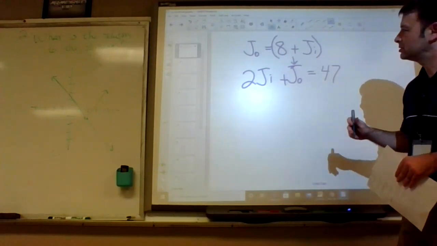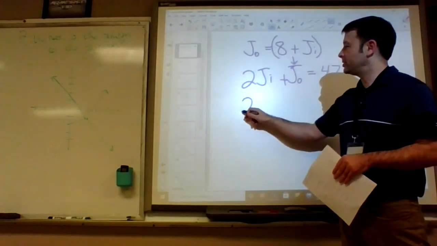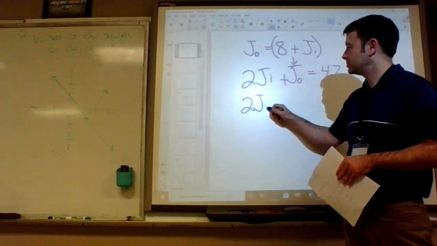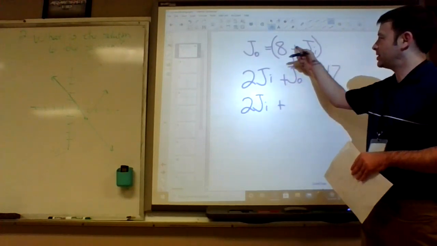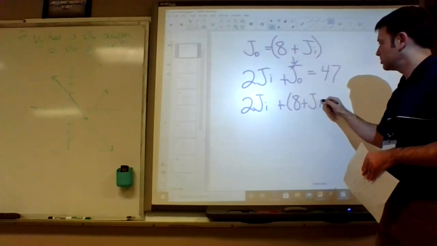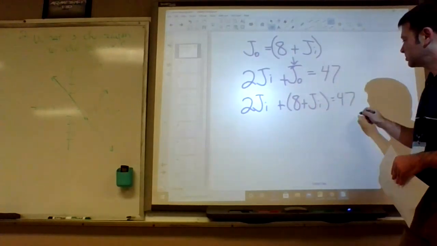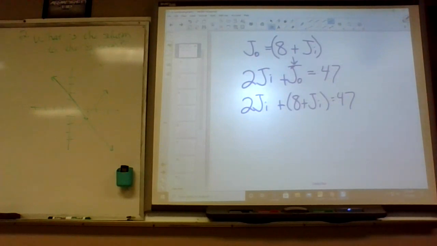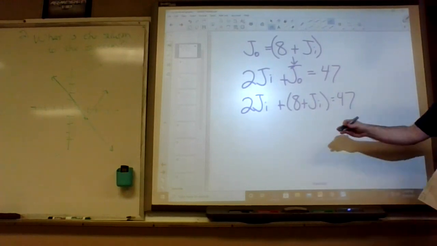Substitution. We love it. So the bottom line becomes 2 times Jill plus, instead of Josh, 8 plus Jill. So we can add the 2 Jills and get 3 Jill. It looks weird with the extra letters, but then you can add it.